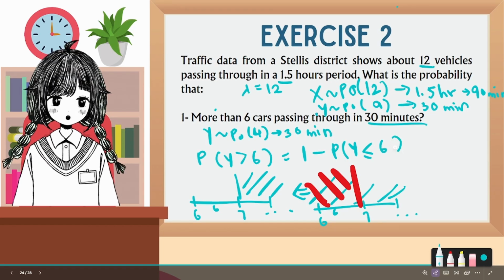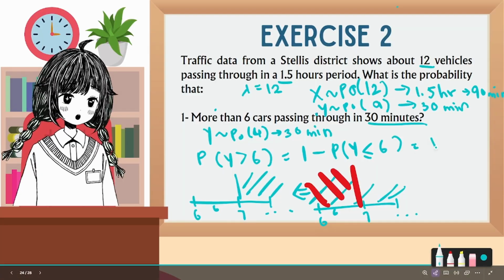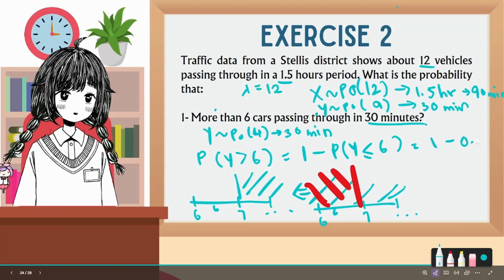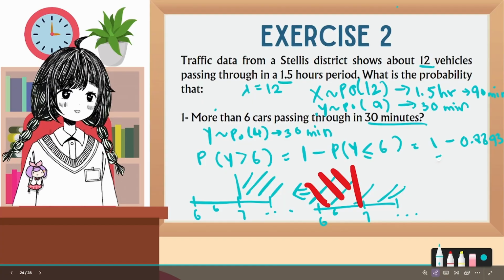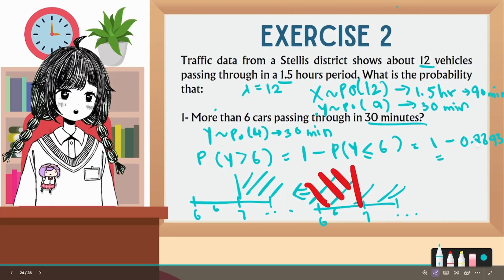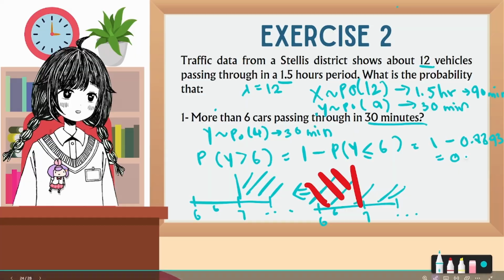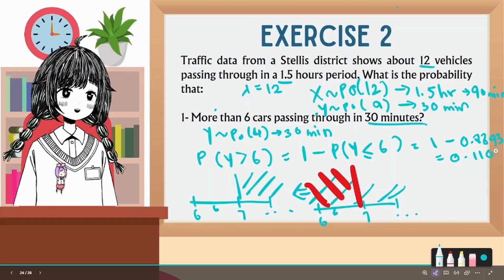Solve the equation and we get 1 minus 0.8893, from the stat table, and the answer will be 0.1107.